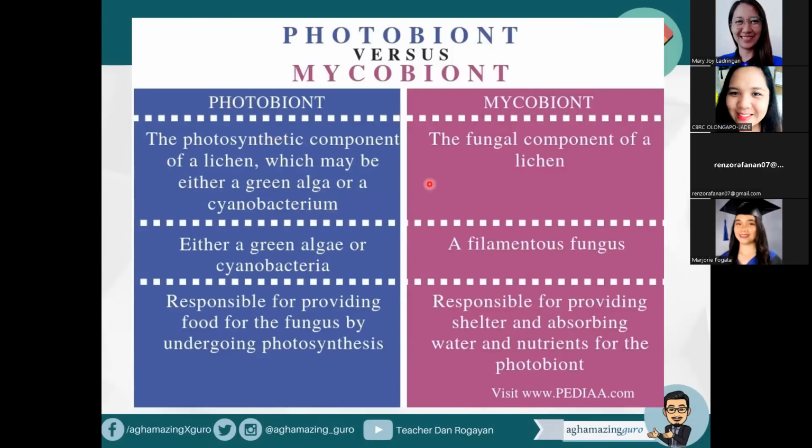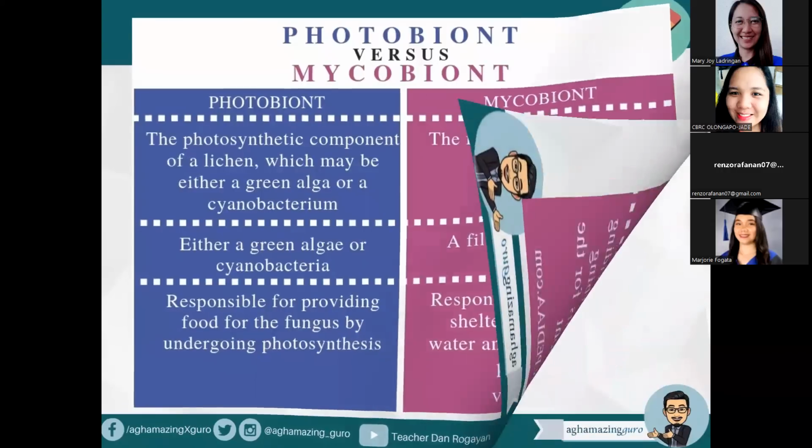Mycobiont is the fungal component, a filamentous fungus. The photobiont provides food for the fungus by photosynthesis, while the fungus provides shelter and absorption of water and nutrients for the photobiont. So that is more of a symbiotic relationship.